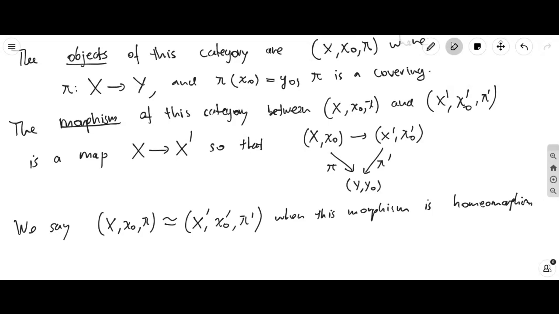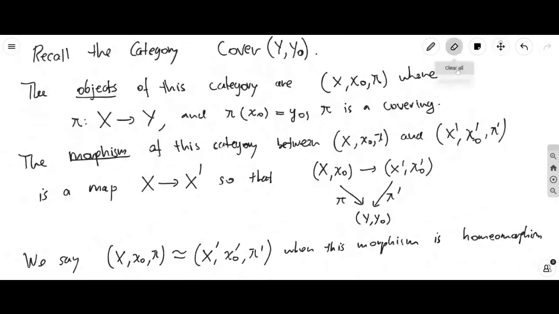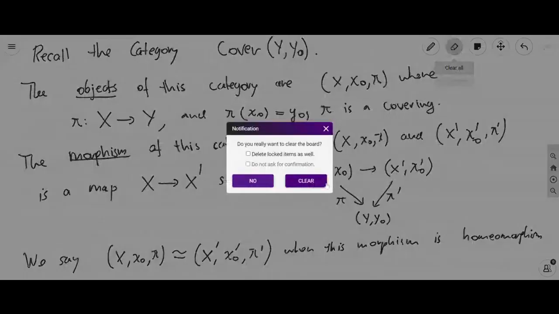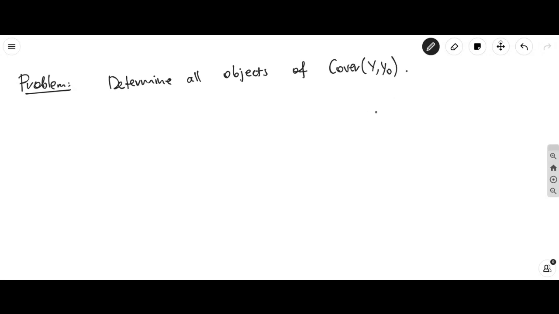So we're going to be interested in determining all objects. So this is what we want to do. Our problem is that we want to determine all coverings of that space.